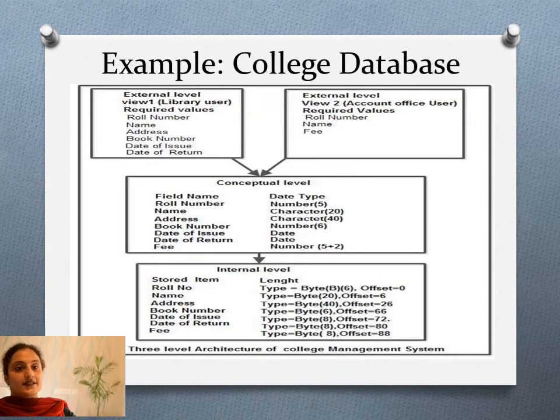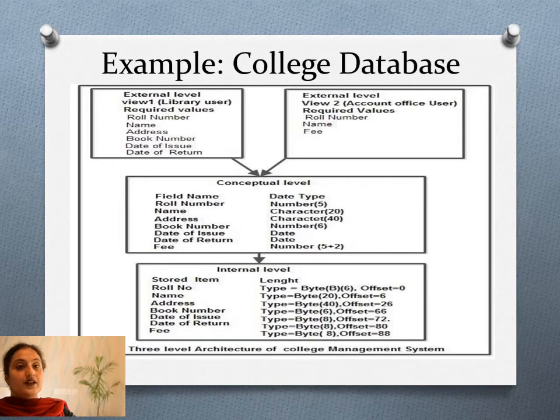This slide describes again the overall structure of DBMS with the help of an example of a college database, in which the first level, that is external level, consists of two users. One is library user who is interested in some fields of the database, and the second user is account office user who is interested in some other portion of the database.